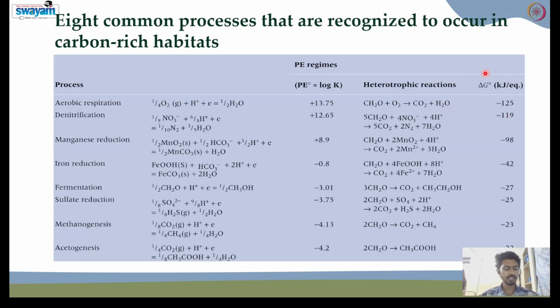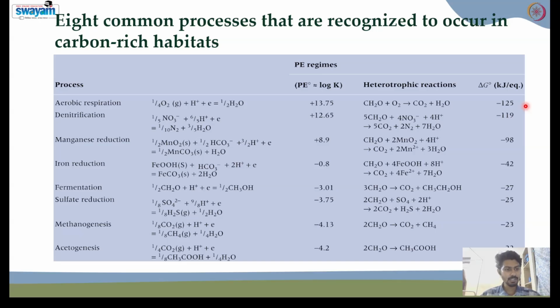And in all these processes, if you observe the del G value, as we have understood, what does it imply? It tells us the spontaneity of the process. Can anyone tell what happens if the del G is negative? If del G is negative, it favors a spontaneous process. That is, the reaction is more spontaneous and more energetically favorable.